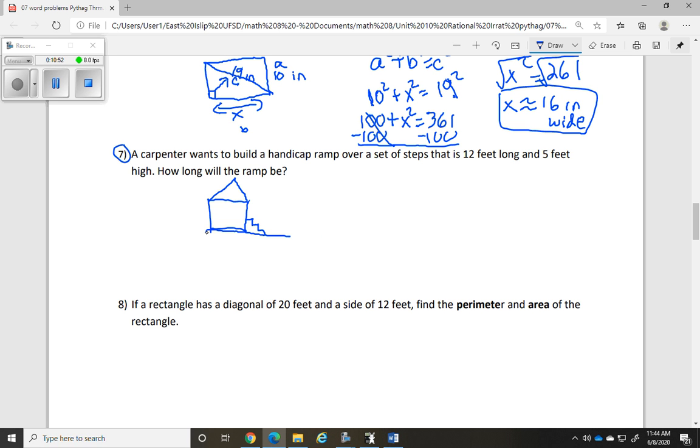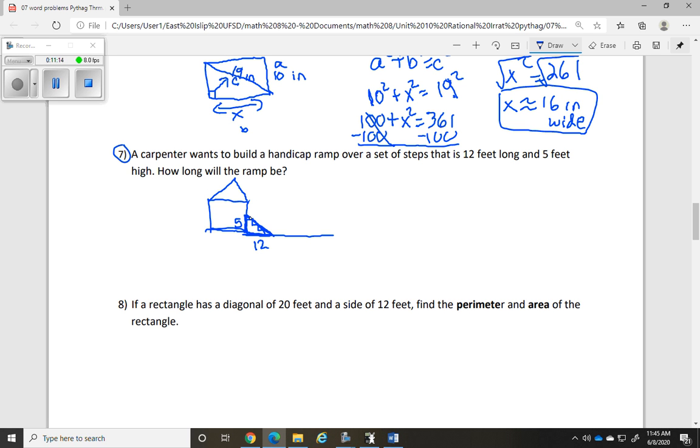And here's the ground. So he's building a ramp right here so that a handicapped person in a wheelchair can get up. So it says over a set of steps that's 12 feet long. They're talking about this length here being 12 and this height here being 5.